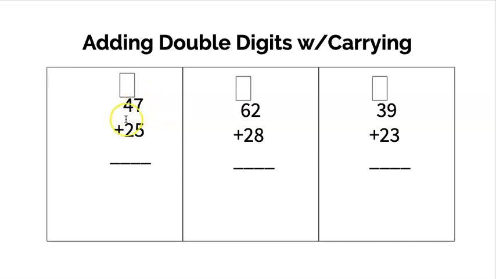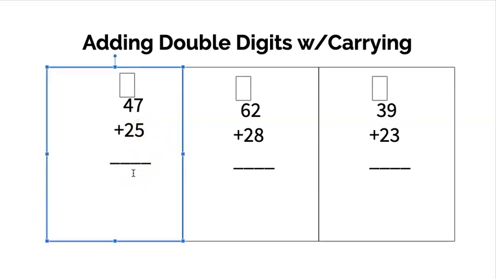We have 7 plus 5. Put 7 in your head and say 7, 8, 9, 10, 11, 12. So 7 plus 5 is 12.